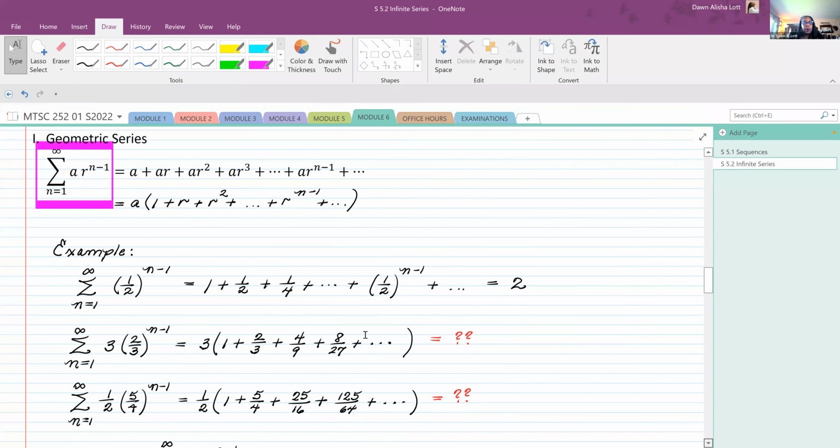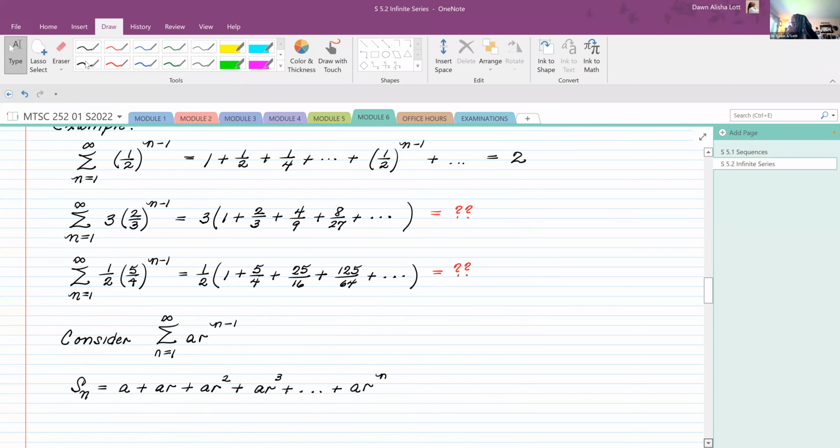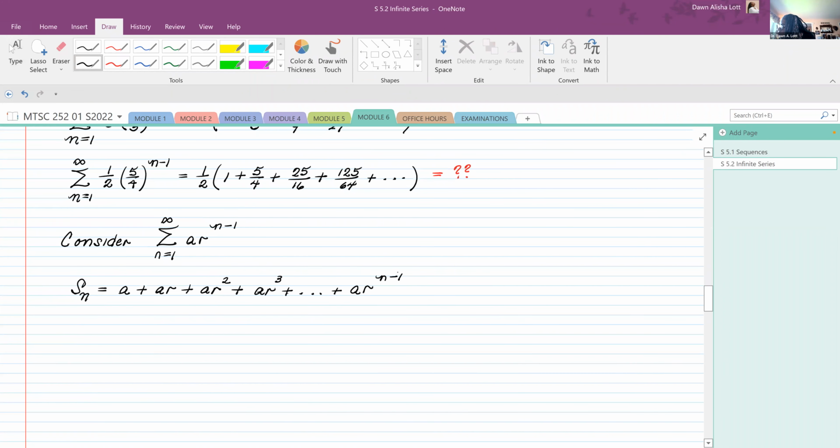Okay, so I found now the nth partial sum. And then what I want to do is multiply the nth partial sum by r. So if I do that, I get r times Sn.